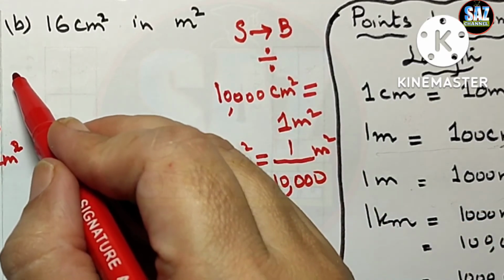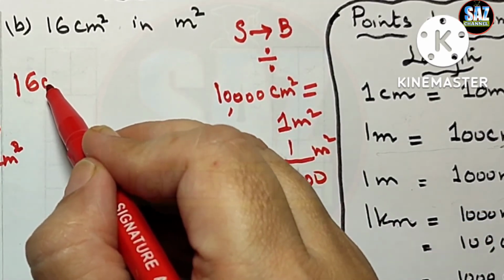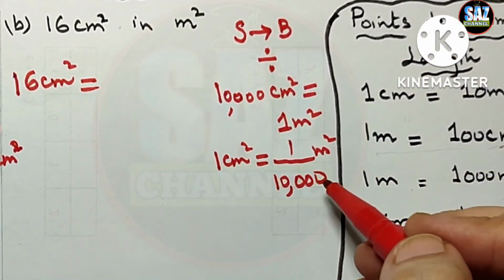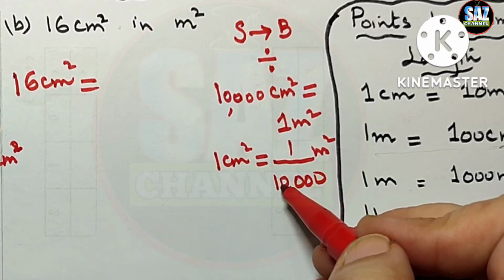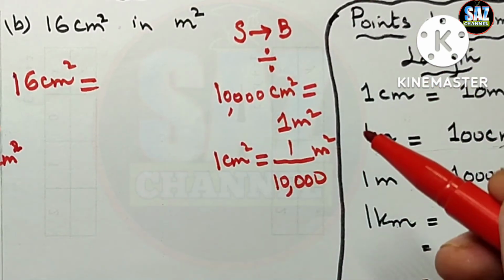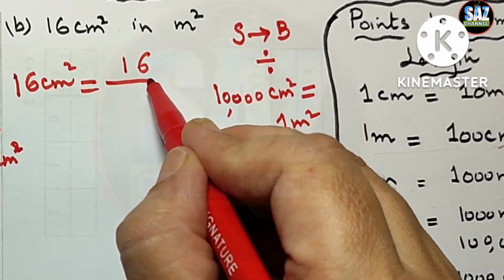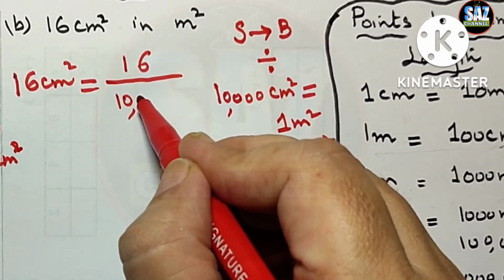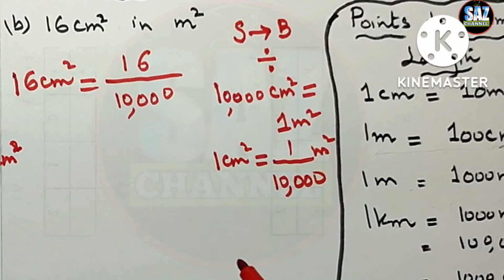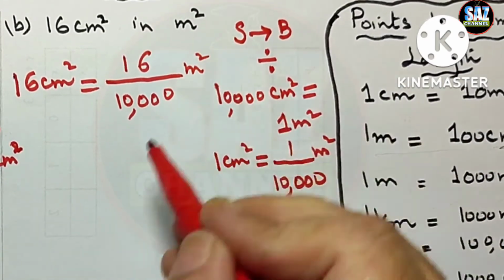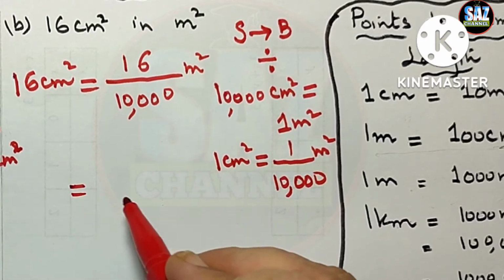So 16 centimeter square will be equal to 16 divided by 10,000. Now we have to learn how to perform the calculation without a calculator.